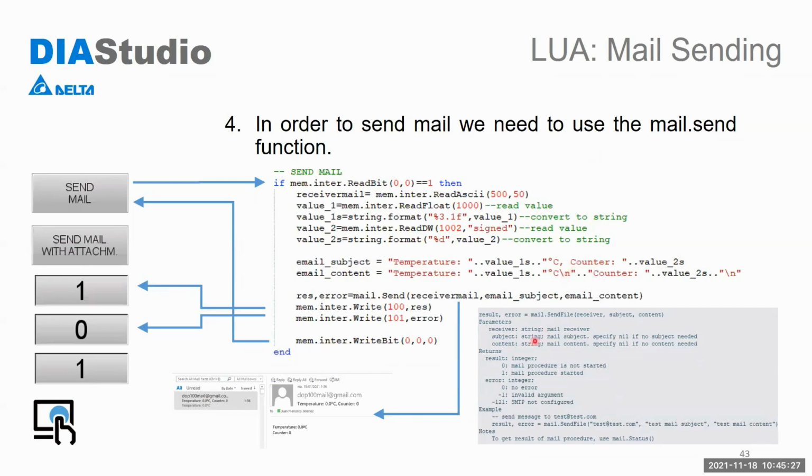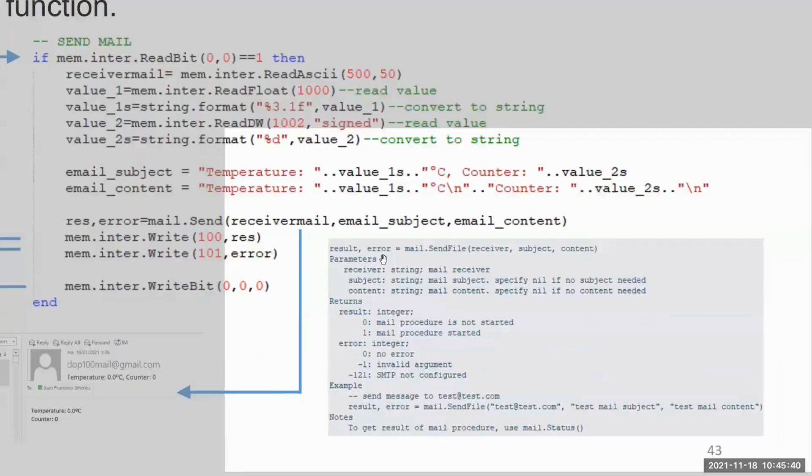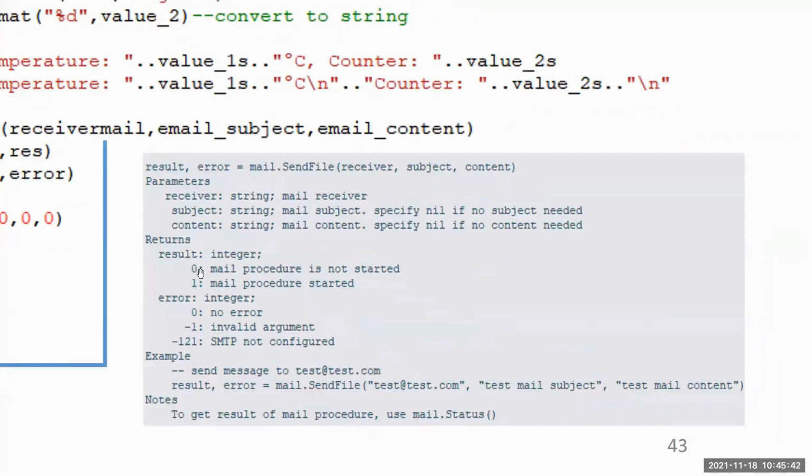Again, this mail.send function will return a couple of parameters. The first one is the res. If you look here, you will see the res will be 0 if the mail sending has not started, and 1 when it started, but that doesn't mean it has already been sent to the receiver.